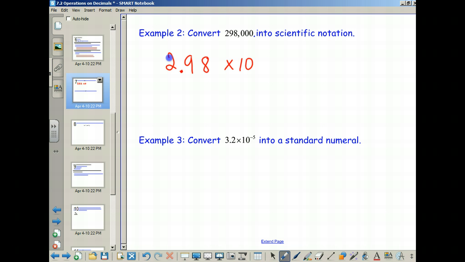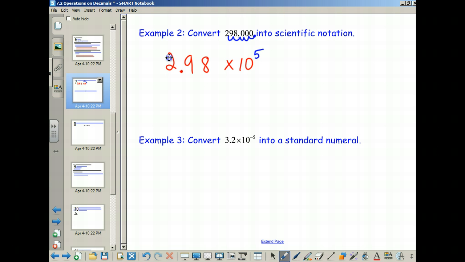The original problem had a decimal point here, after the whole value is over, because I didn't have anything after that. If I count, I moved it 1, 2, 3, 4, 5. 5 places, that's my exponent. And it's positive because my number is a big number. So there's scientific notation. Positive exponent is big number, negative exponent is small number.